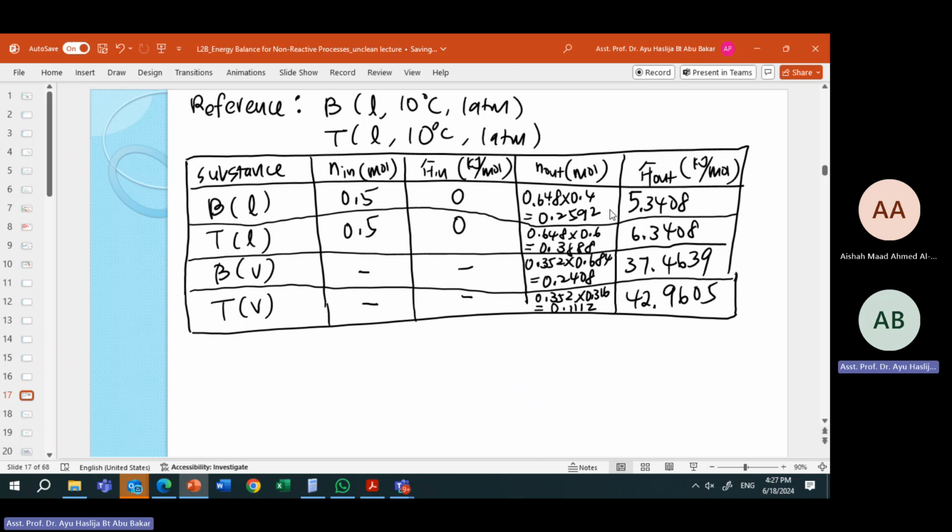H1 and H2, same step, from 50 to 10, but it involves different substances, toluene and benzene. Okay, this one I give you the final answer. You must try to work out how to get this final answer.